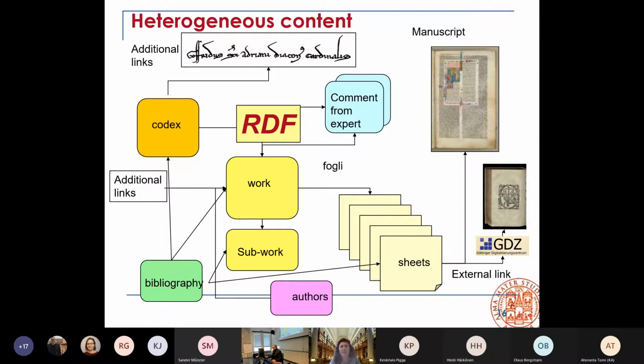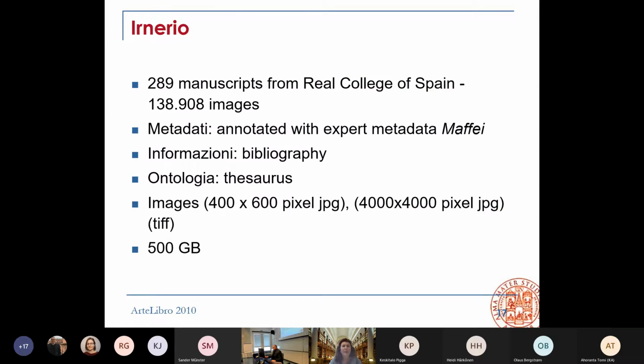Also because the metadata are not really metadata, they are part of the expert comment as well. So one professor's comment or an Accursio comment is content itself. So depending on the perspective of the scholar, the content and the metadata are managed from different perspectives.